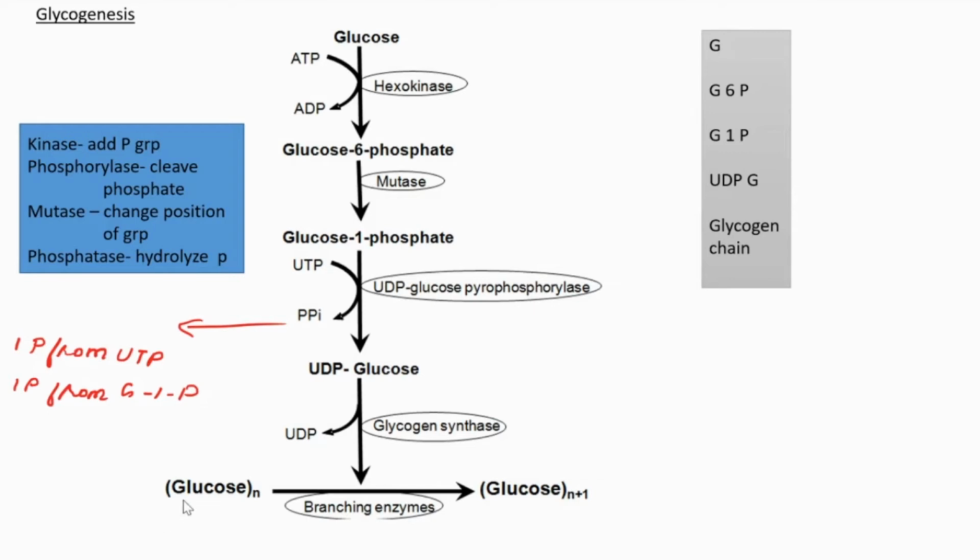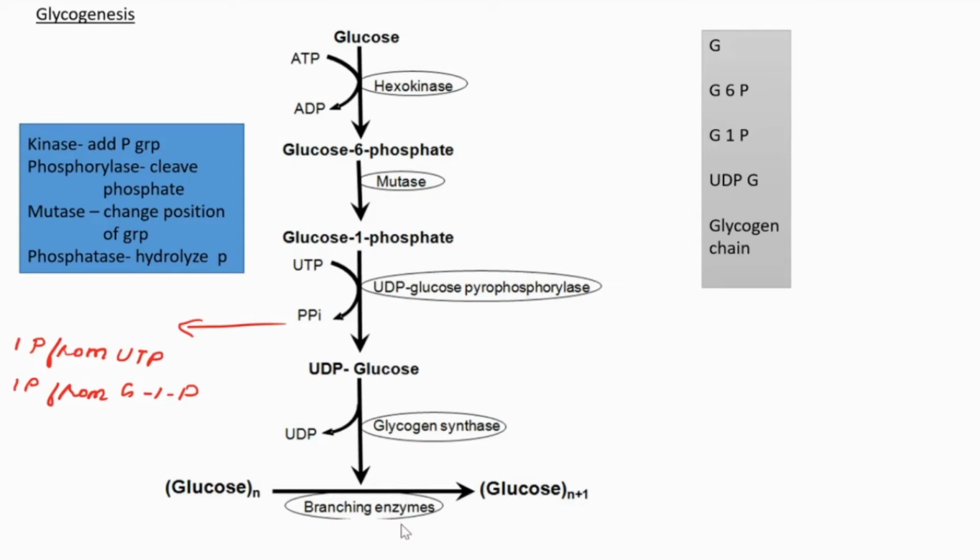As the glycogen chain grows to a certain length, side branching may occur. How does this side branching occur? When the glycogen chain grows to a certain length, a 7-unit glucose segment detaches from that long chain and forms a side branch on the elongated chain.